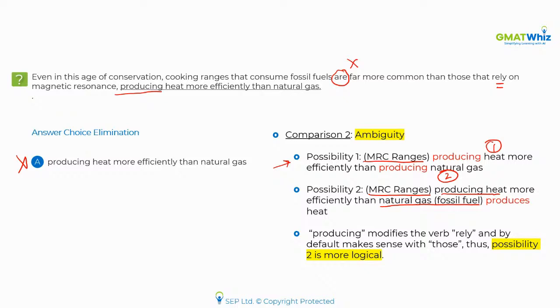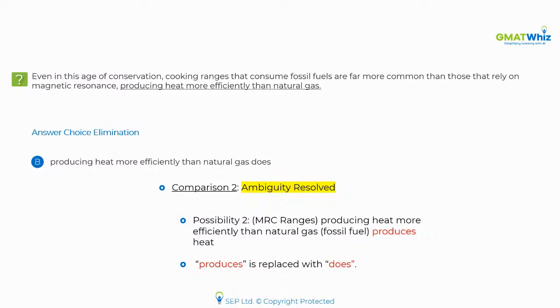If we look at B, choice B takes care of the ambiguity. There is a verb used after natural gas. So here we are saying that the magnetic resonance cooking ranges rely on magnetic resonance, and the outcome of that is the magnetic resonance cooking ranges are producing heat more efficiently than the natural gas cooking range does.